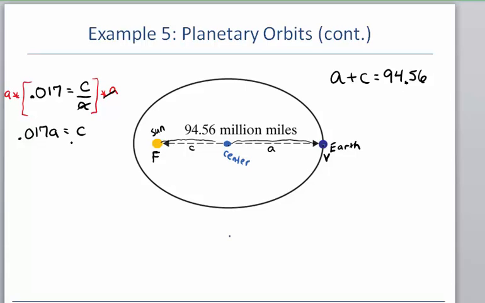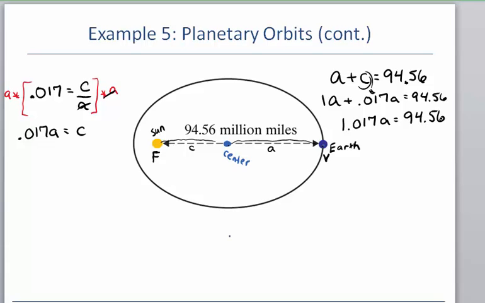Now I'm going to come to my other equation and substitute that in. So in place of the C, I'm going to put 0.017A. Okay, now we're going to solve it for A. So remember that this has a 1 in front. So 1 plus 0.017. Those are like terms, so we can combine those two.